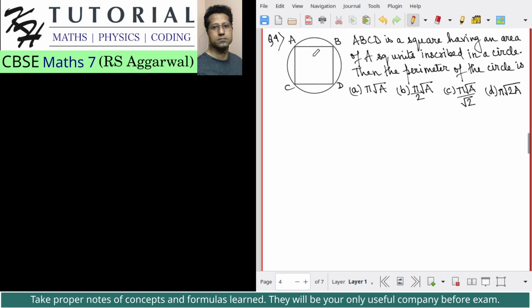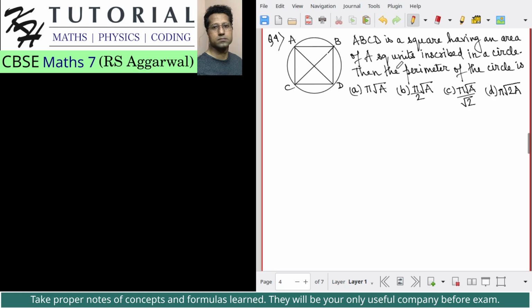Okay. Now, whenever a square is inscribed in a circle, so ABCD is the square which is inscribed in a circle, always remember that the diagonal of the square, that is BC or AD, will be equal to the diameter of the circle.